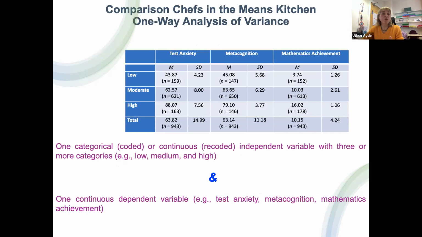You may also have ingredients like one categorical coded or continuous recorded independent variable with 3 or more categories, such as low, medium, and high, and one continuous dependent variable, such as test anxiety, metacognition, and mathematics achievement. You can pick up one of them, and this requires performing one-way analysis of variance.